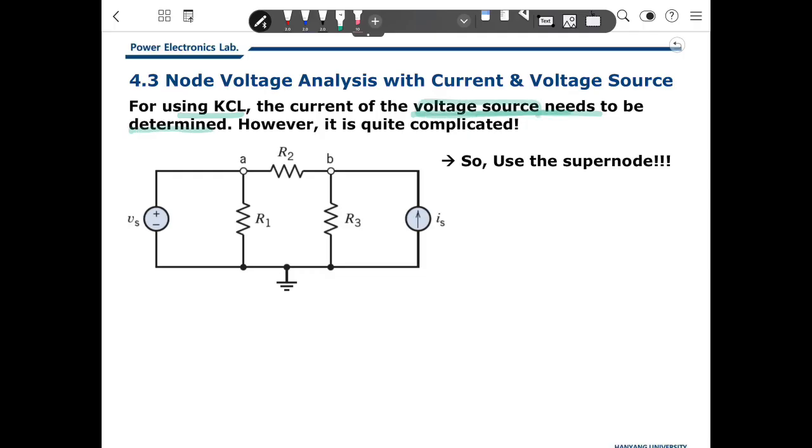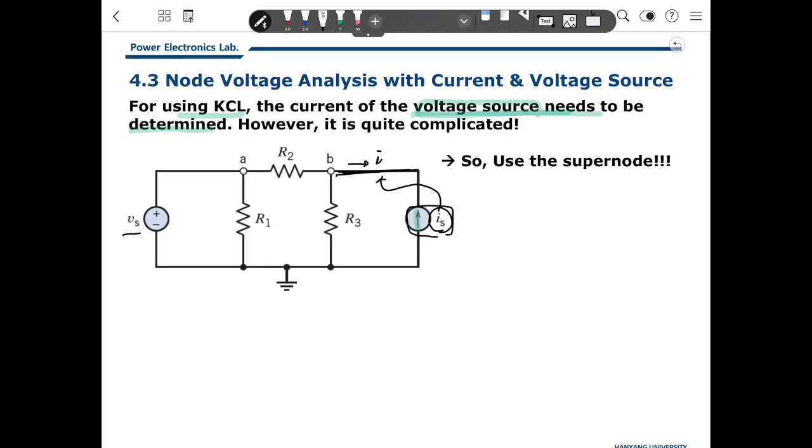When you have a current source, we don't need to calculate this current here, because this current gives us the value of the current flowing in this branch. This is very good. If you have a current source when you solve the node equation, I know one variable without any calculation.